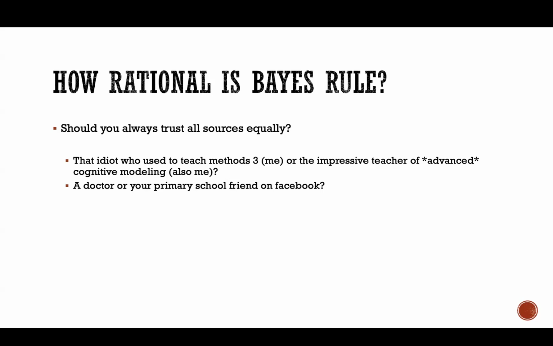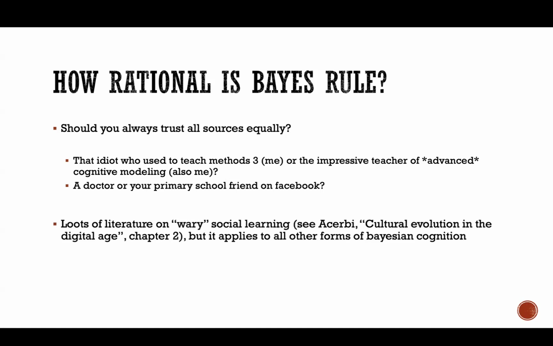Should you trust your visual perception the same way when it's a sunny day like now or when it's really foggy? It doesn't make sense to put the same weight on the sources of information.